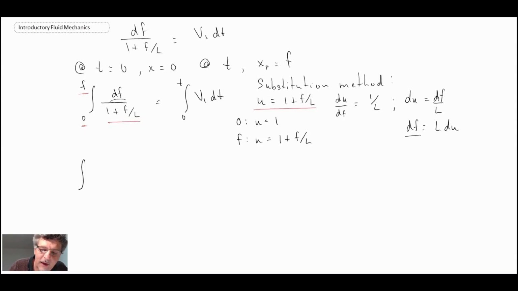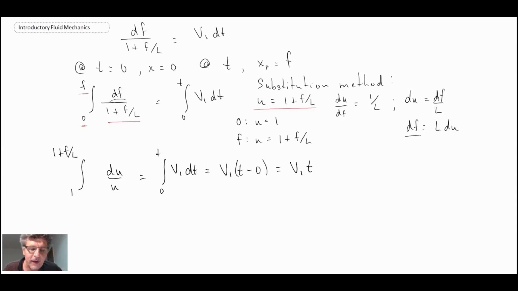So what we have is the integral from 1 to 1 plus f over L of du over u is equal to the integral from 0 to t. This is an easy integral to evaluate. You can pull v1 out, and we have v1t minus 0, so that is equal to v1t. So the right-hand side is easy.